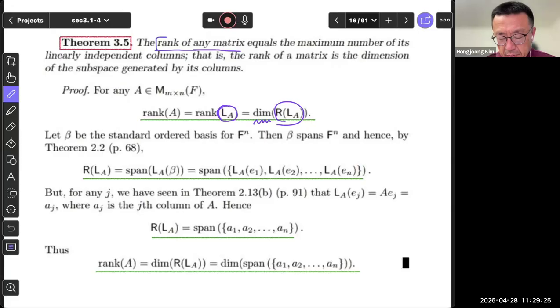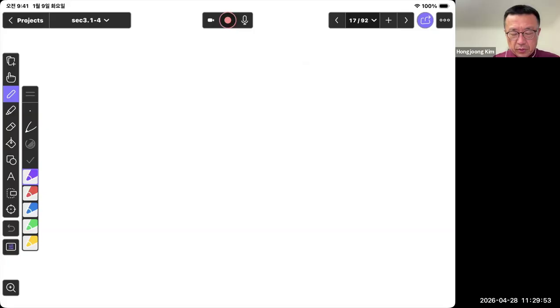So the rank of any matrix will be the maximum number of linearly independent columns. We already considered the proof, so please check the previous video recording for the proof, and let me consider the meaning of this theorem.